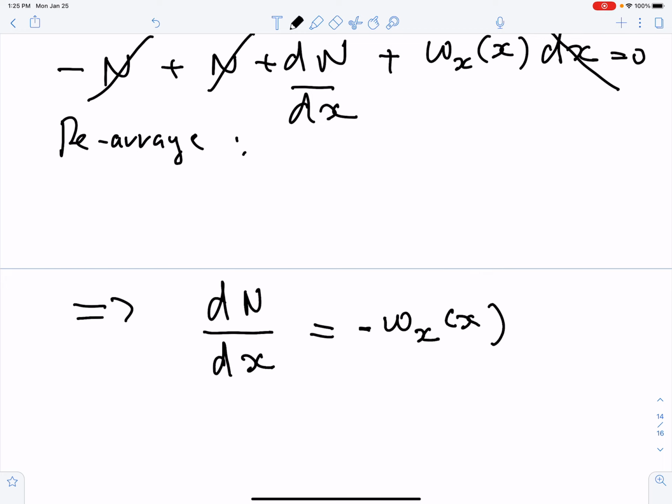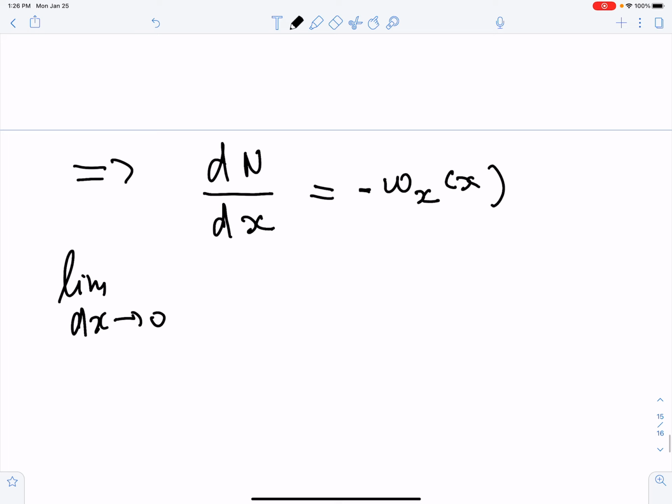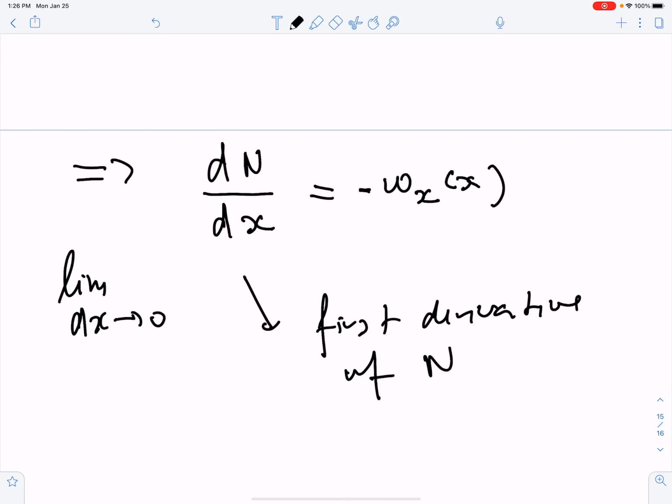And so then I can pass to the limit, dx going to zero. And what happens is, instead of working with the quantities dN and dx, we're actually getting a derivative here. So in the limit as dx goes to zero, this becomes the first derivative of N, axial force, with respect to x, the current position.